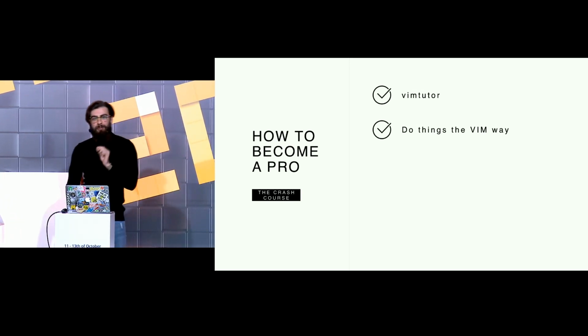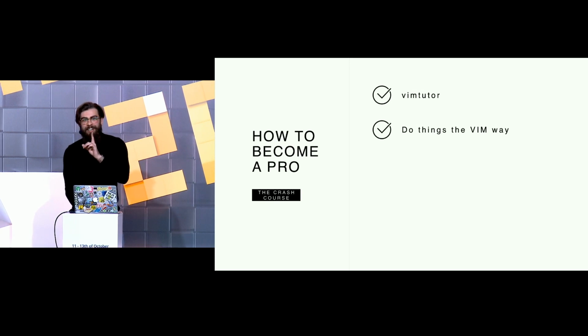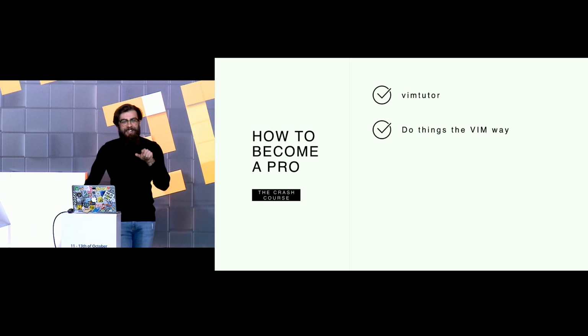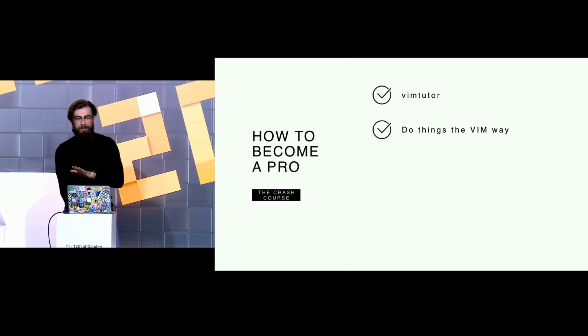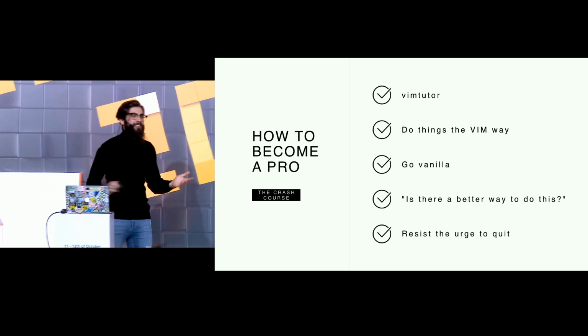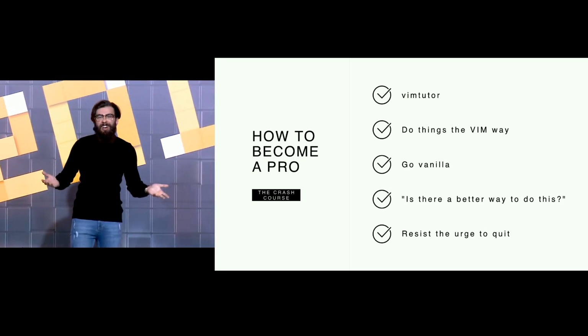It's definitely worth doing. And if you disable your arrow keys, disable them in insert mode too. Arrow keys are not allowed. Forbidden arrow keys. You can use them for other applications, not for Vim.